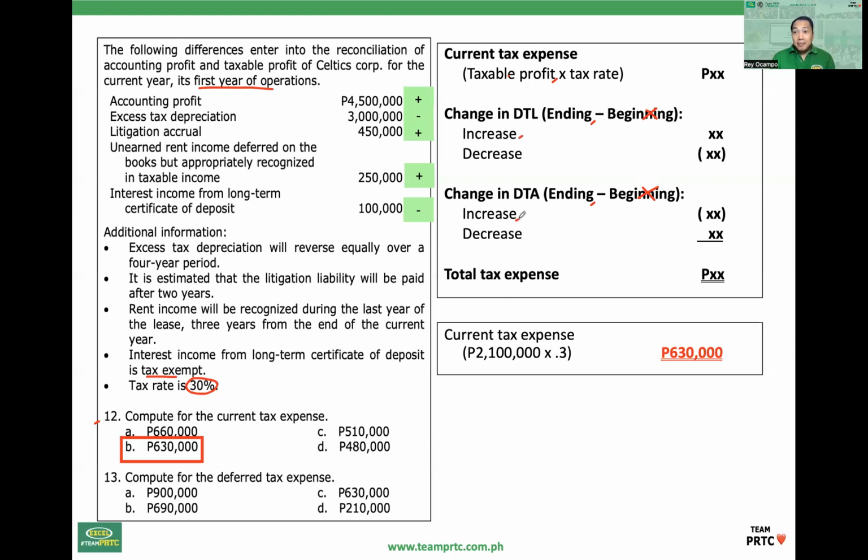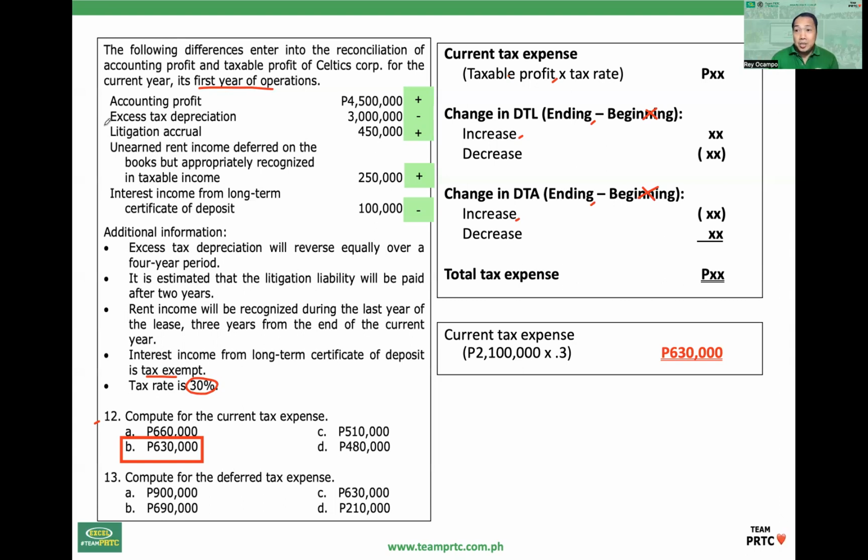And to get the ending balance, we need the temporary differences. So let's classify the differences noted. Again, ang ultimate guide, what is the effect later on taxable profit? Increase, decrease, or no effect? No effect, PD, permanent difference. Increase, taxable. Decrease, deductible.